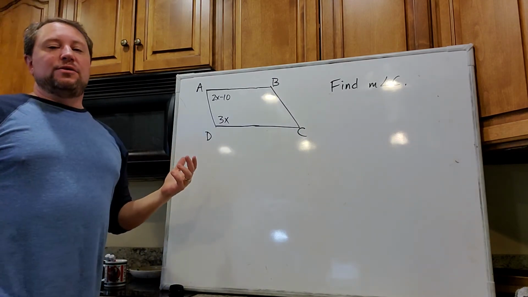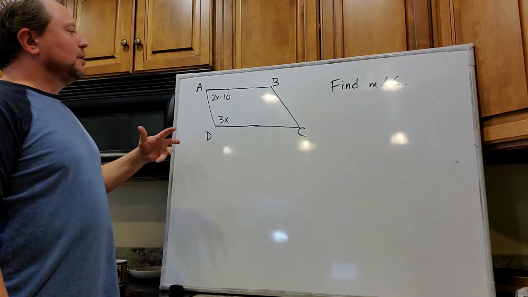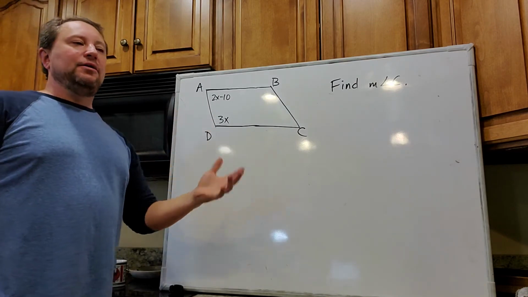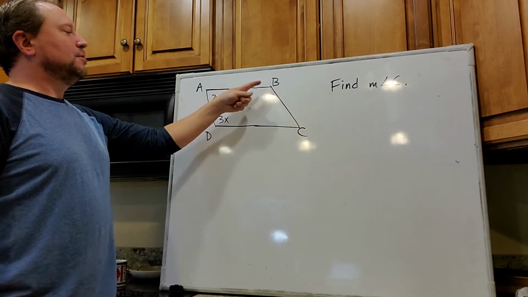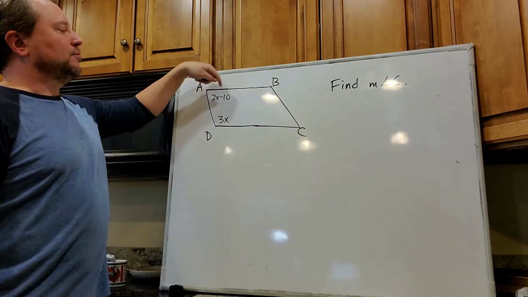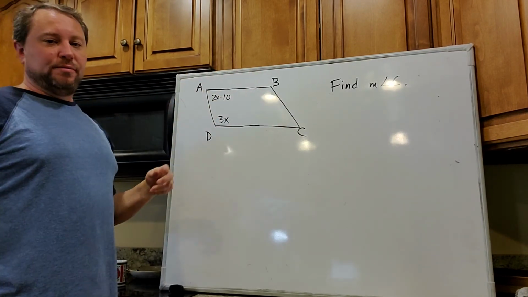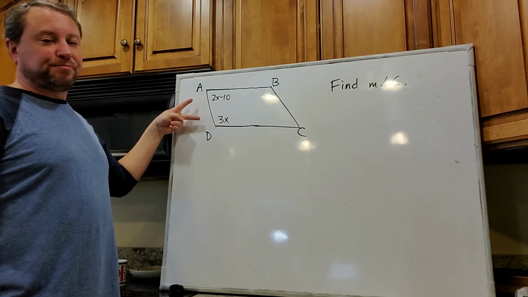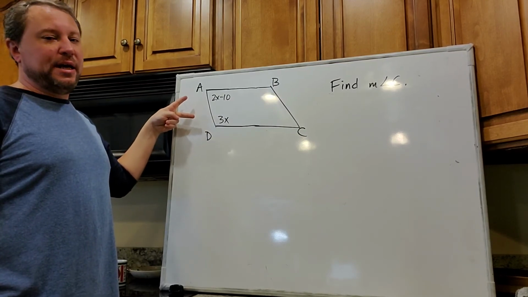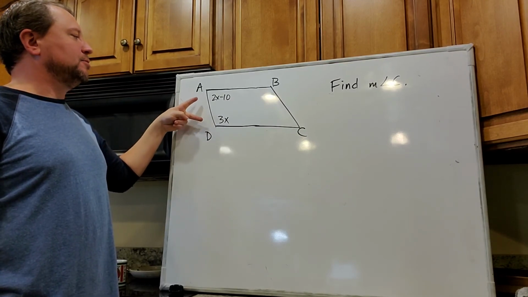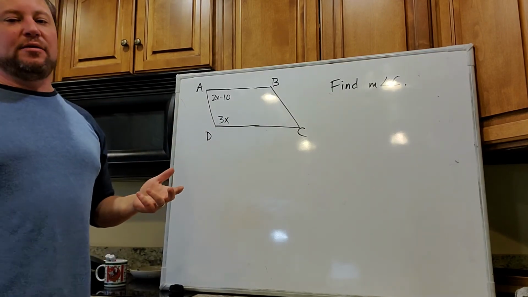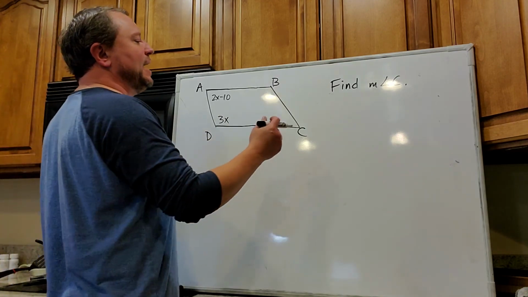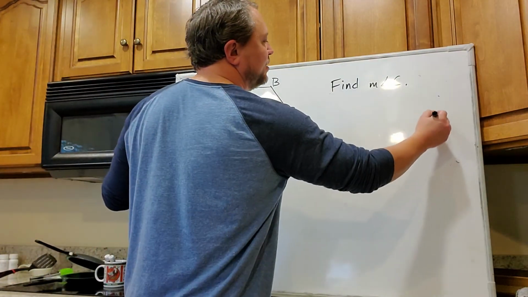All right, now with angles, of course, you've got to be careful here. It depends on what angle relationship you have. Do you have opposite angles, or do you have consecutive angles, two in a row? In this case, I hope you see, these are not opposite angles. These are consecutive angles, two in a row. And we learned in Theorem 6.3 that those consecutive angles will add up to 180.